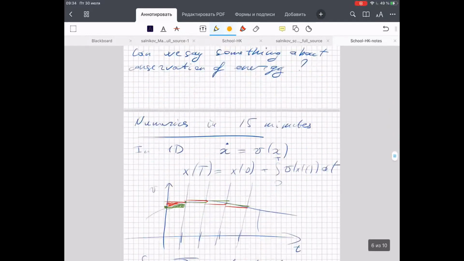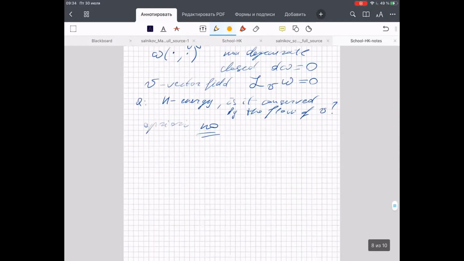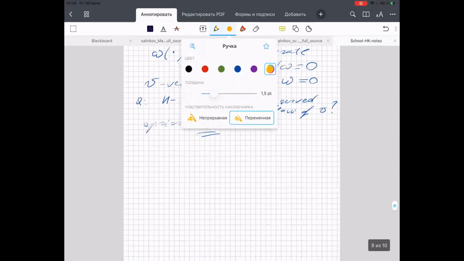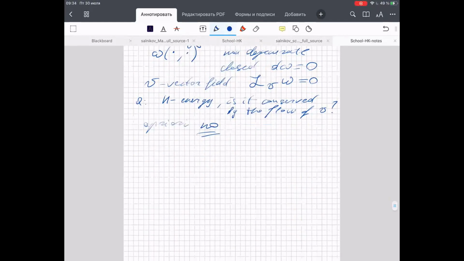But I still meant some positive answer to this, and let me formulate the question. So given this, can I find an energy that is conserved?